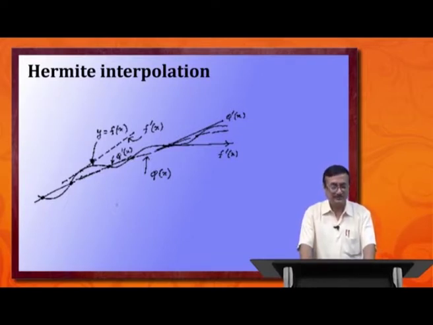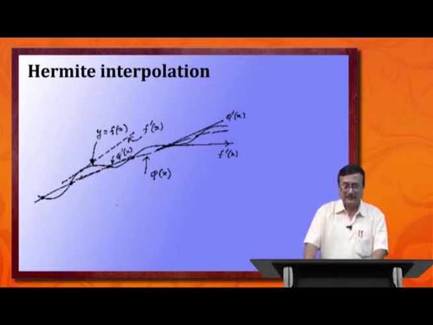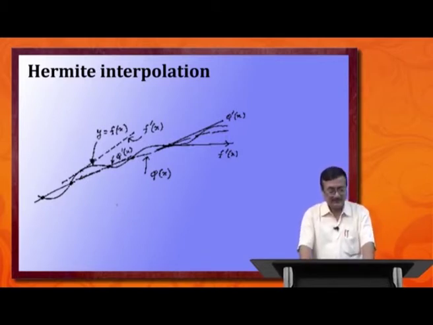We have two curves here. One is of some oscillatory character, which is the curve of y equal to f(x), and the other one is a curve, not exactly a straight line, but a second order curve, a broken curve, which fits the values of f(x). It is called the phi(x) curve. Phi(x) curve fits the values of f(x) at the designated arguments.